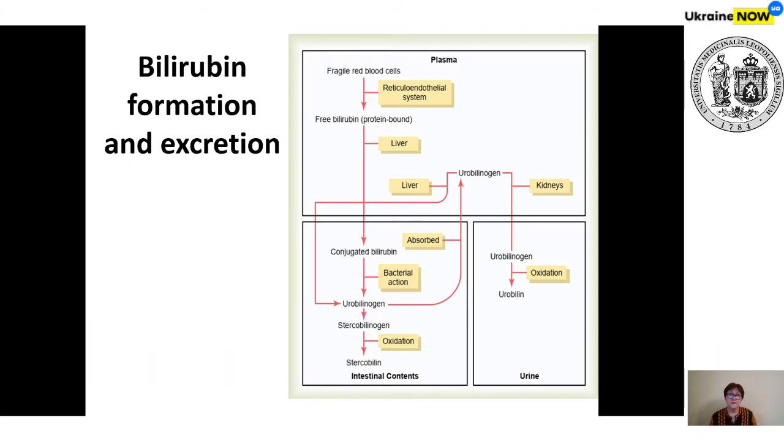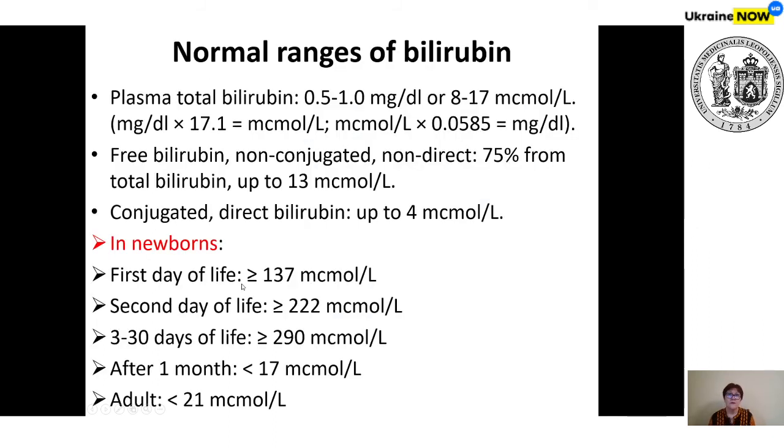The liver plays a big role in bilirubin metabolism. Normal ranges of bilirubin in blood, total bilirubin: our laboratories give it in micromole per liter, European laboratories in milligram per deciliter. It's a conversion from one to the other. Up to 17 micromole per liter total bilirubin.